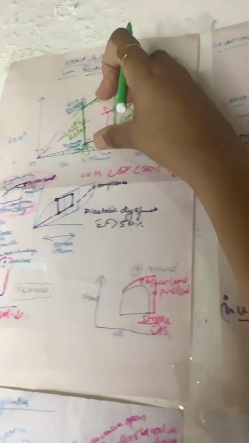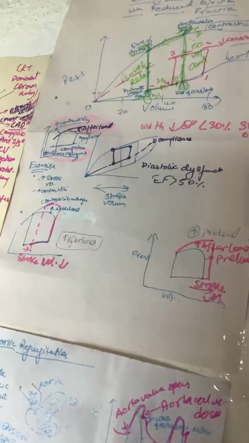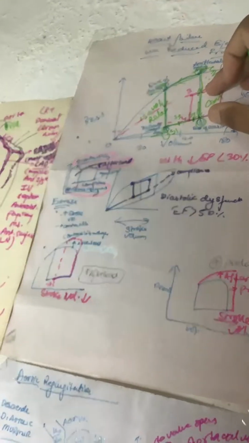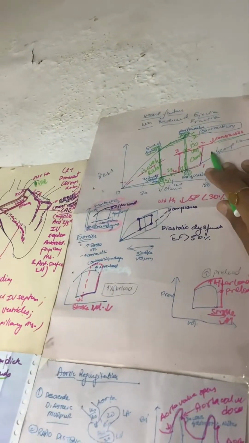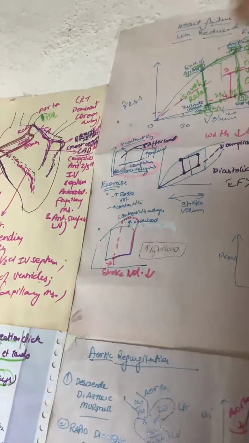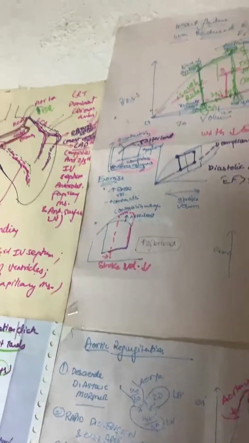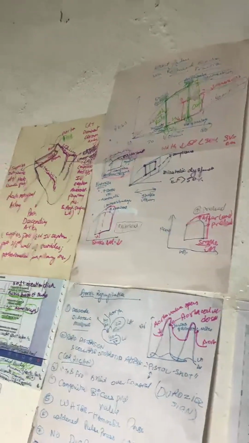If this curve is shifting more towards the volume side, then your contractility is decreasing. If it is going up, then your compliance is increasing and your contractility is decreasing.